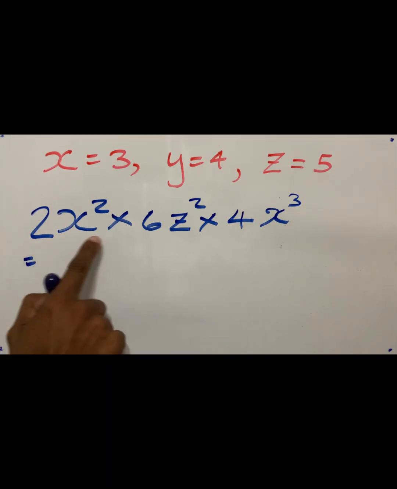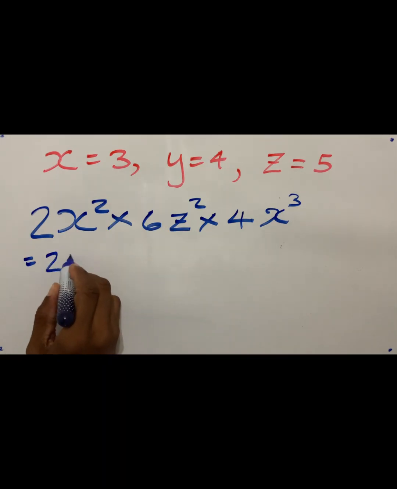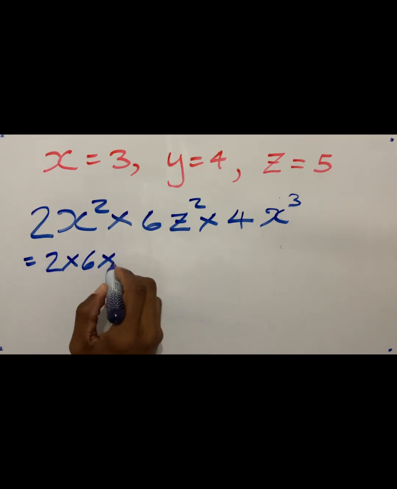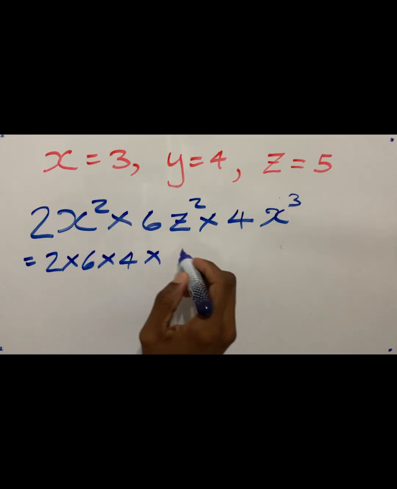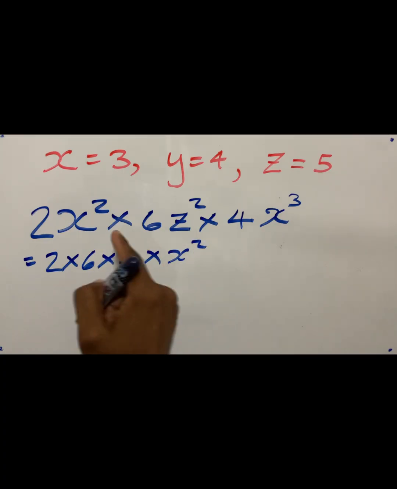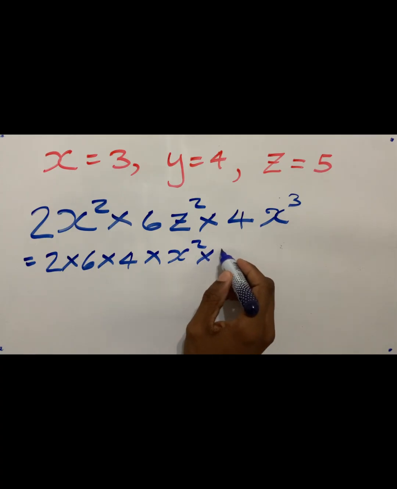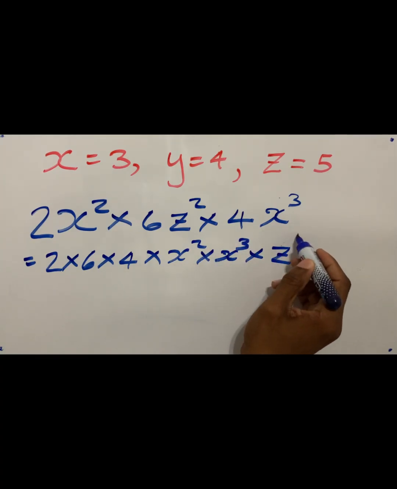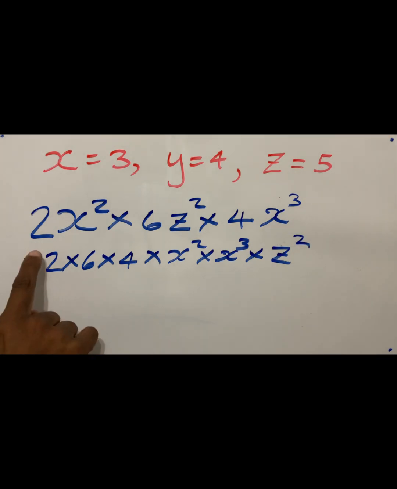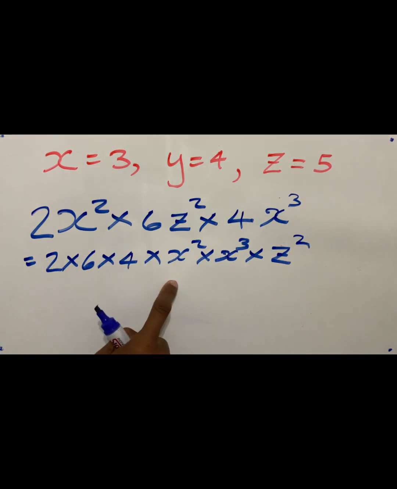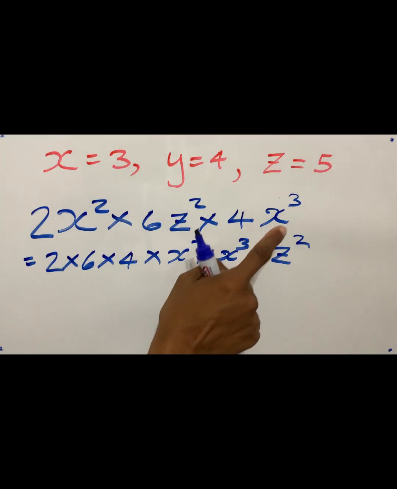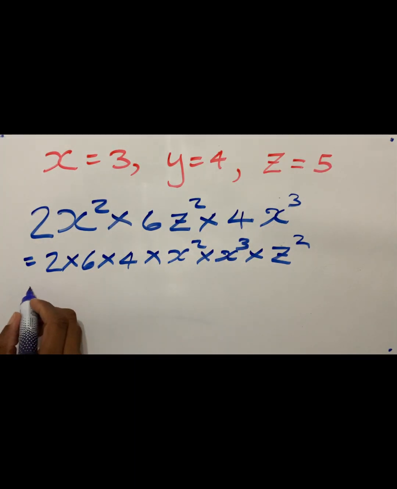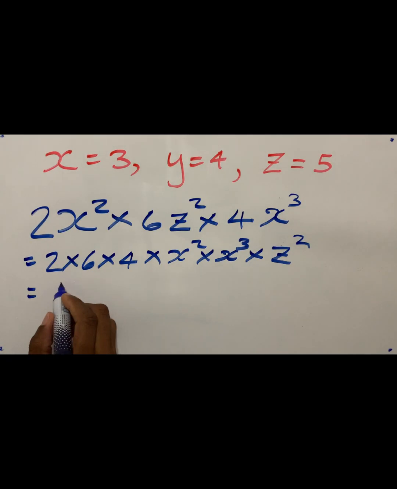So let's take out our numbers, which is equal to 2 times 6 times 4 times x squared times x cubed times z squared. Let me see if I have everything here. 2 times 6 times 4 times x squared times x cubed times z squared. Alright, so we have 2 times 4 times 6 is equal to 2 4s is 8, 8 6s is 48.